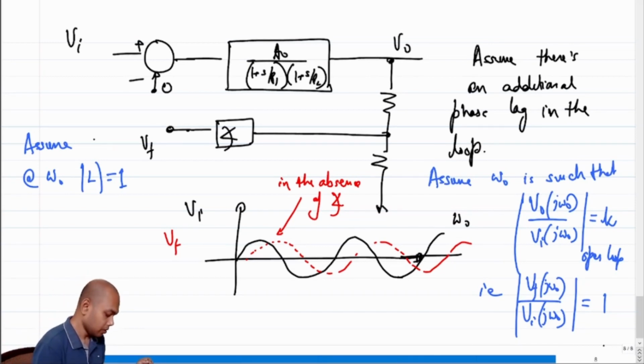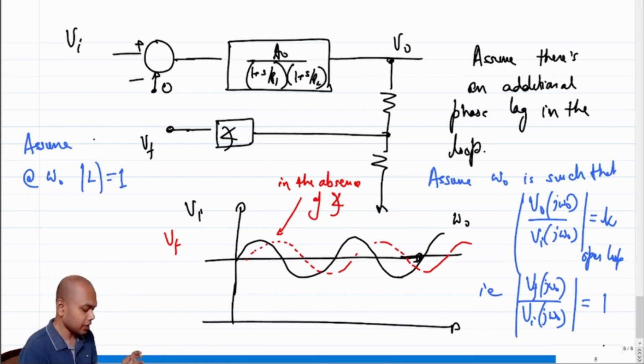But now let's assume we have added an extra phase, such that it can delay Vf by that much amount, so that we get a total half cycle delay between input and output. So maybe I'll sketch it out so that will make more sense.